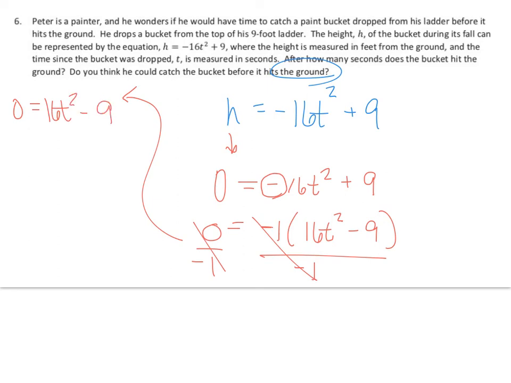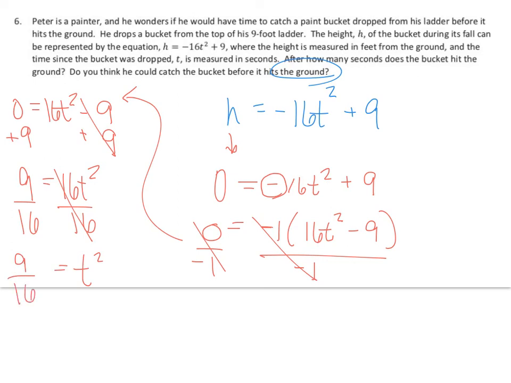Now we can solve this different ways. I'm going this way. I have 9 equals 16t squared. Divide both sides. T squared equals 9/16. Square root of both sides.